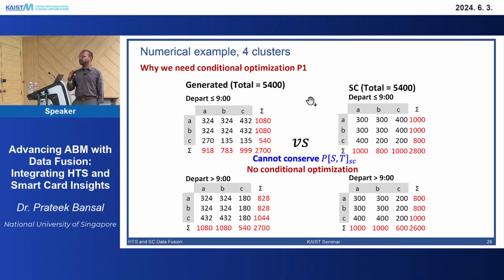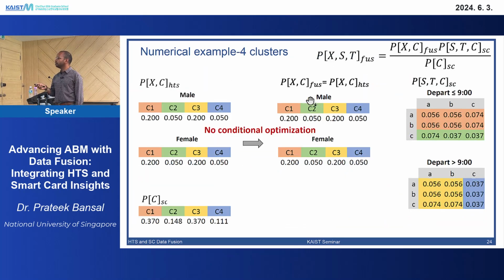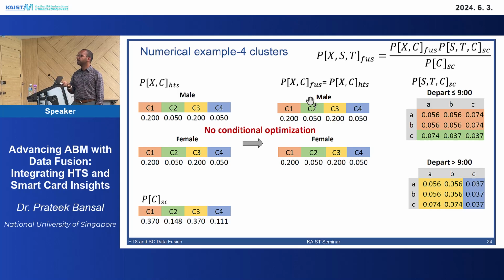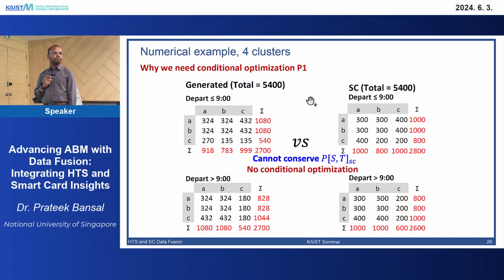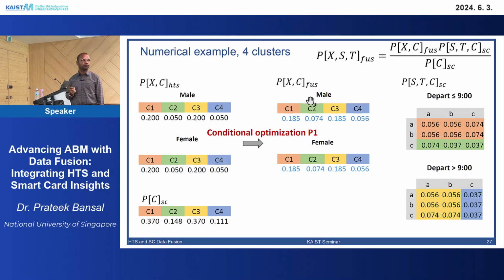So if you just use the XYC distribution from the HTS data, then you end up losing it; in the generated data you cannot maintain the observed distribution in the SC data. Okay, that's the first point that you want to show.